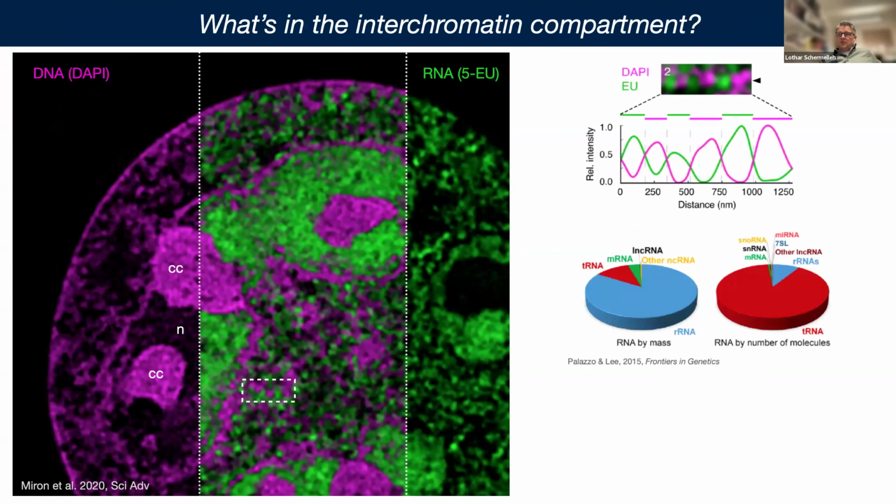What is also important to recognize is that most of the RNA that we look at here is not necessarily messenger RNA. Most of it is actually non-coding RNA, or tRNAs and ribosomal RNAs.